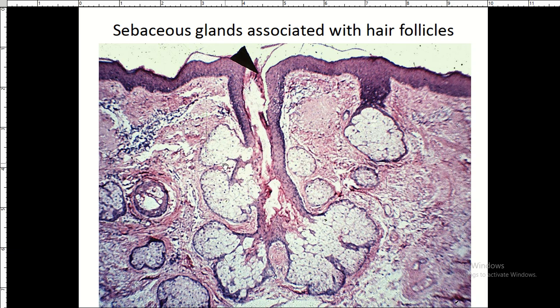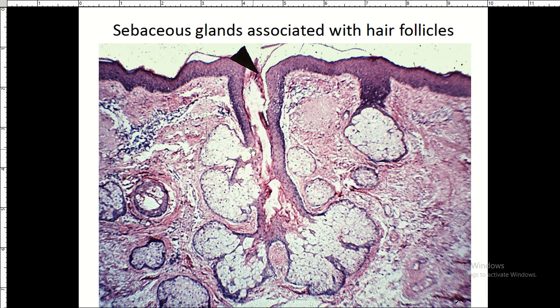And take note of this. These sebaceous glands actually have a short duct that they will drain into. So they are acinar cells, right? And then they're going to have a short duct that they are going to drain into. So they secrete a substance called sebum, which is an oil, right?